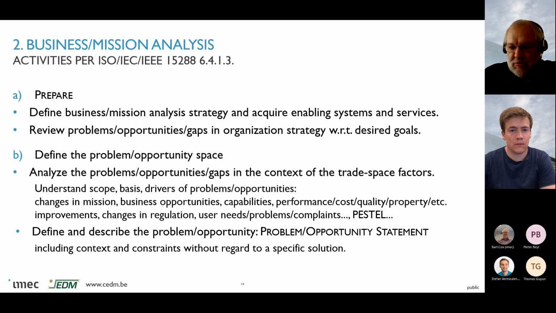Otherwise, one may go into different directions if one is not on the same line in actually what problem is being addressed. Now, the problem statement is looking at the problem without looking at a solution, how you are going to solve it. It looks at the context, looks at the constraints, but not how you're going to solve that. That comes later.